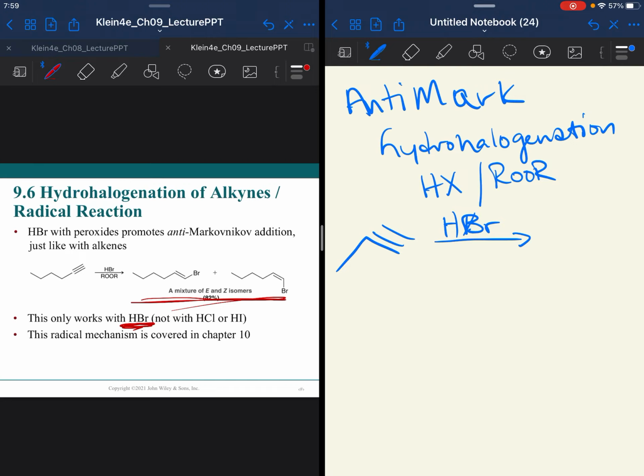It just tends to work better than some of our other halogens, either for kinetic reasons, like with chlorine and iodine maybe just going slower, or it might be selectivity reasons, or it's compared to fluorine. Fluorine does a whole bunch of other stuff, so we just stay away from fluorine for now. And this will, if we put one equivalent of HBr and ROOR, add one halogen to the less substituted side.